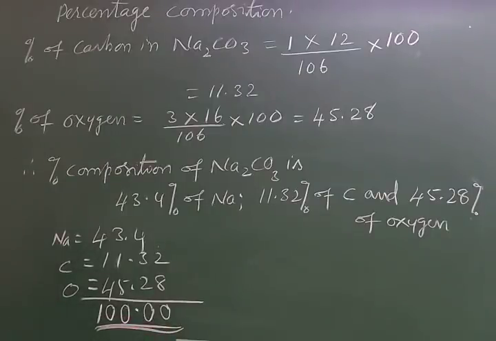Here part is kilogram, or 100 tons of sodium carbonate contains 43.4 tons of sodium, 11.32 tons of carbon and 45.28 tons of oxygen. So this is the meaning of percentage composition.